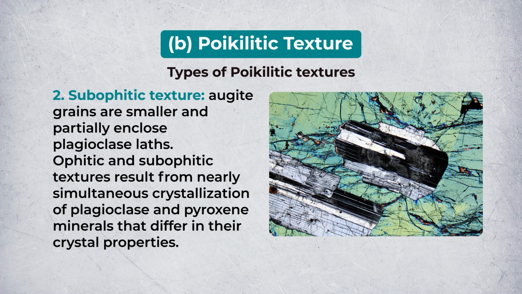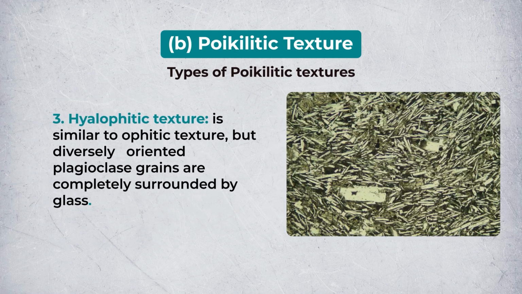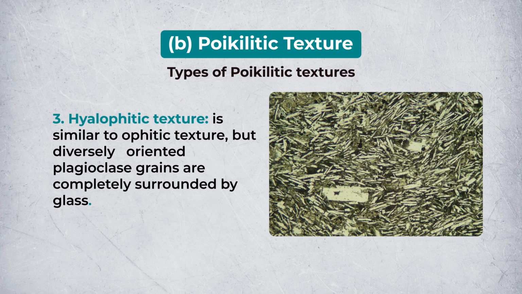Ophitic and subophitic textures result from nearly simultaneous crystallization of plagioclase and pyroxene minerals that differ in their crystal properties. The third one is hyalophitic, which is similar to ophitic texture, but diversely oriented plagioclase grains are commonly surrounded by glass. I will show you all three types of texture in the following slides.